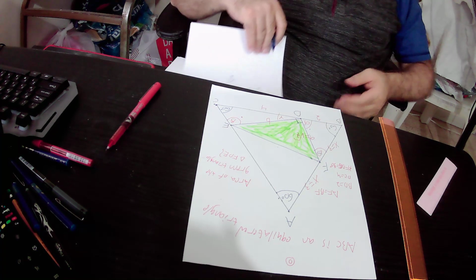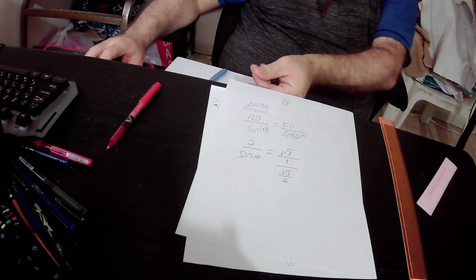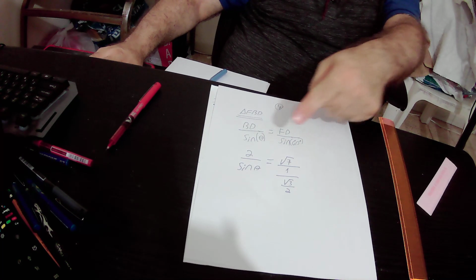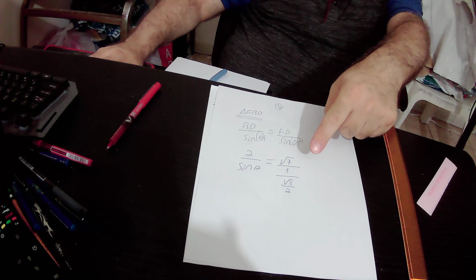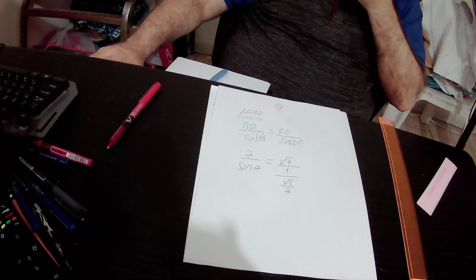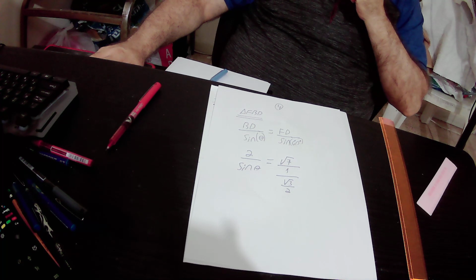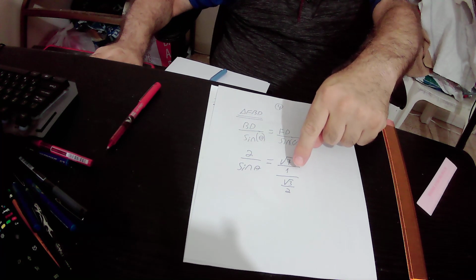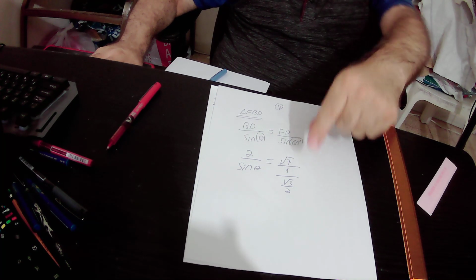Okay, so in total we got that 2 over sinus theta equals the root of 7 over root 3 over 2. So we will move 2 to the numerator and root 3 to the denominator of this expression.